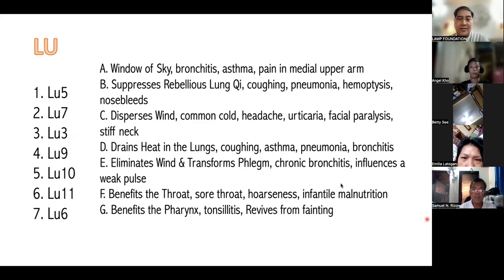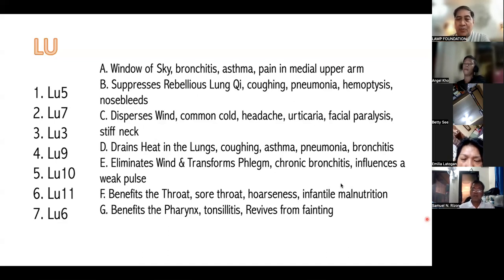Kaya meron tayong hemoptysis. You know what is hemoptysis? Hemoptysis, umuubo ka ng dugo. Hematemesis pala nagsusuka ng dugo. I'm so sorry. Hemo, blood.